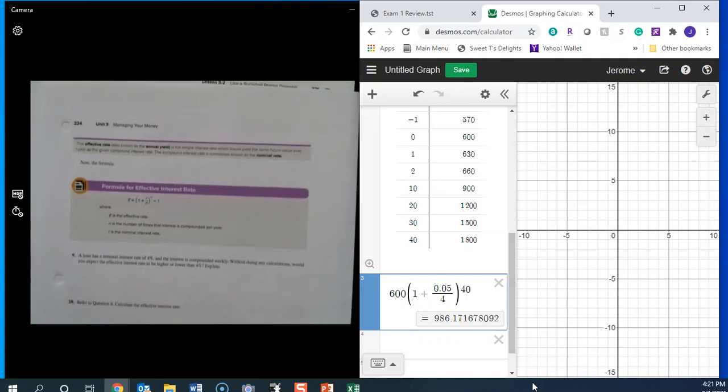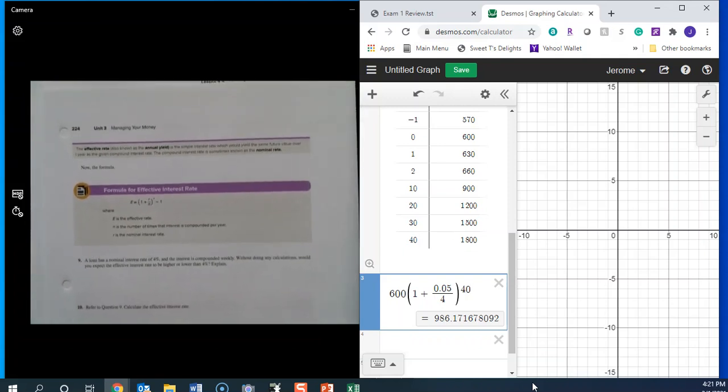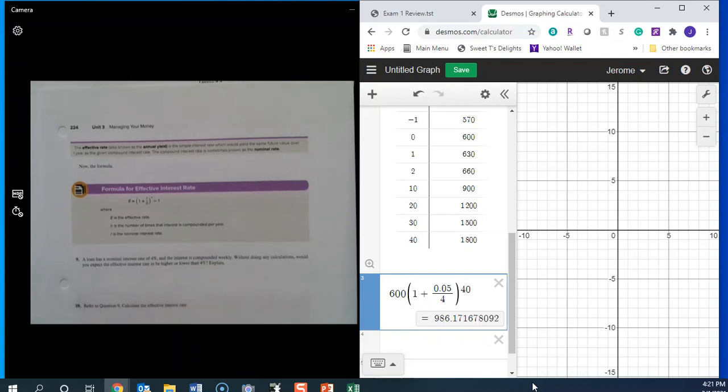The effective rate, also known as the annual yield, is a simple interest rate which will yield the same future value over 1 year as a given compound interest rate. The compound interest rate is sometimes known as the nominal rate. And then we have the formula here where E is the effective rate, N is the number of times that interest is compounded per year, and R is the nominal interest rate.